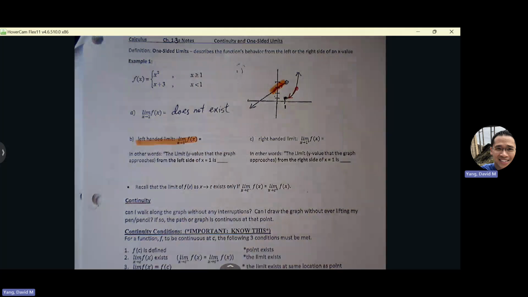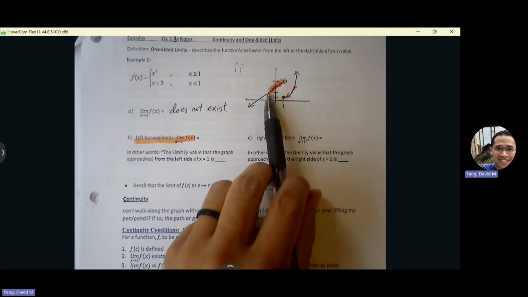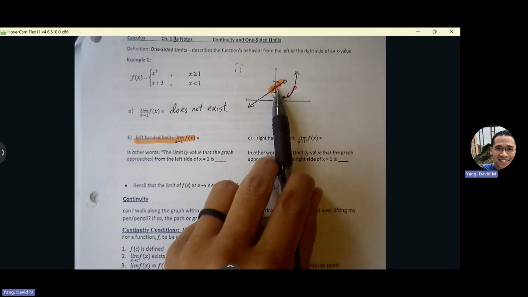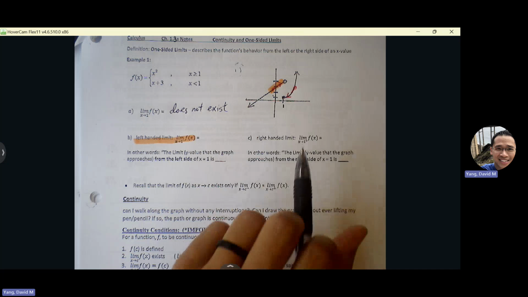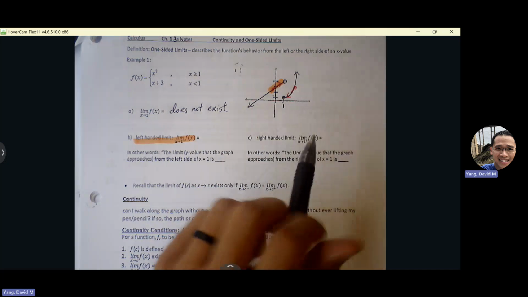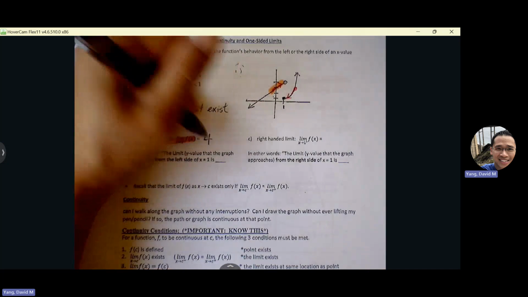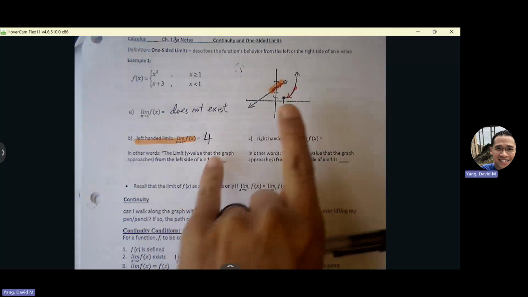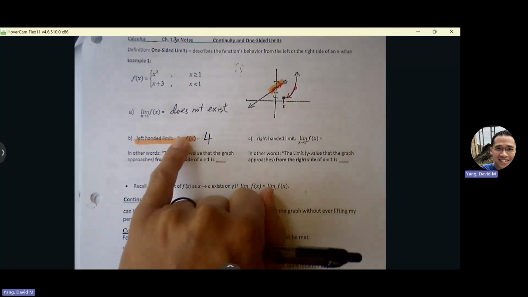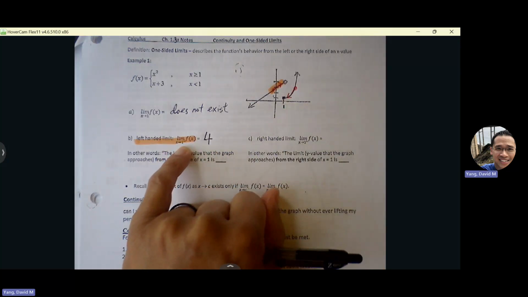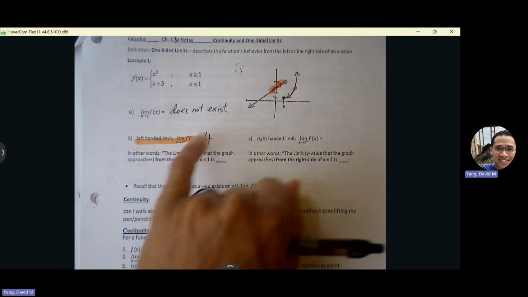Where is that one-sided limit? So if we follow the path of the left-handed limit, where's that arrow headed? Towards a y value of what? 4. So that is a one-sided limit. So we know how to do this. It's just that we are now going to get accustomed to a more formal way of talking about the arrows.